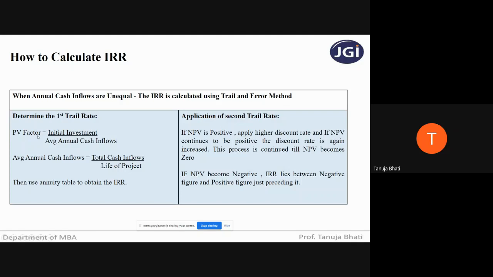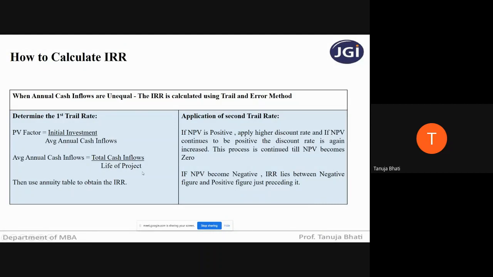You first find the PV factor by initial investment divided by average annual cash inflows. Since the cash inflows are unequal, take the total cash inflows divided by life of the project. Life of the project means the estimated life, that is how many years the project is estimated to be carried out. Then once you know the PV factor, you already know how to obtain the IRR.